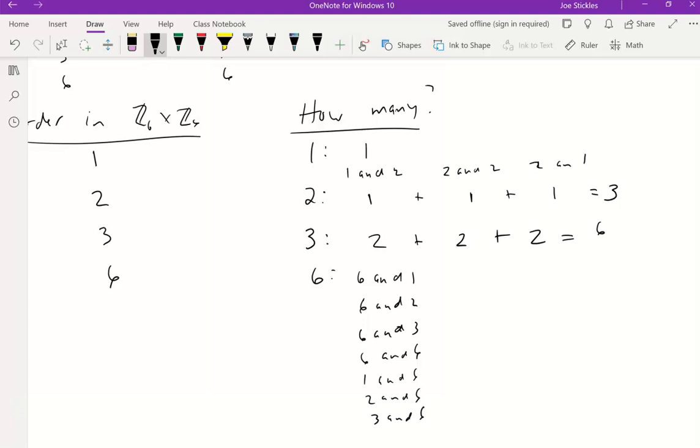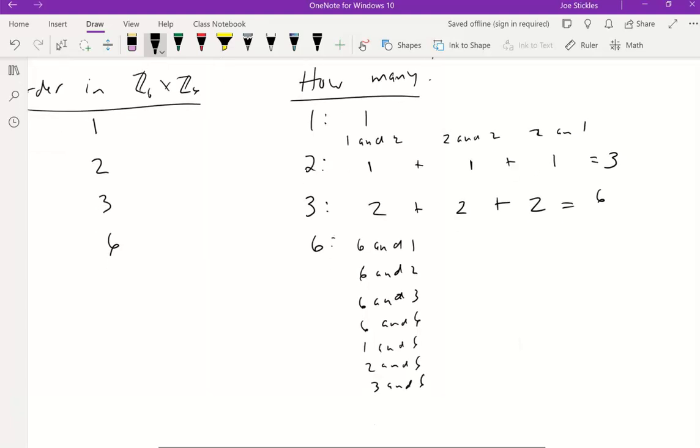I don't want to do 6 and 6 again. I've already counted it. I'll double count if I do 6 and 6 again, right? The other two are 2 and 3, 3 and 2. Agreed? Those are the possibilities. 6 and anything and 6, 2 and 3, 3 and 2. That's what's going to give you at least a multiple of 6.